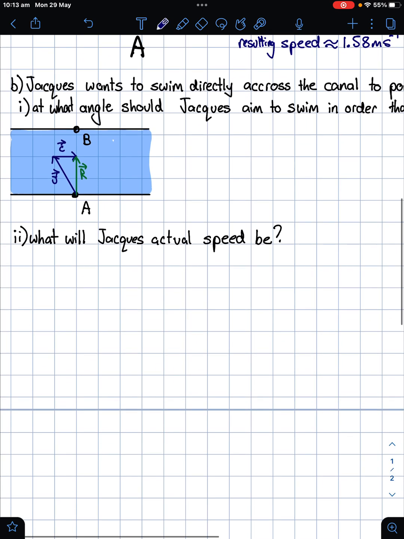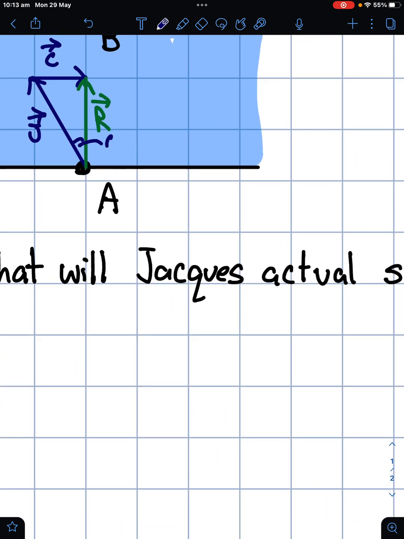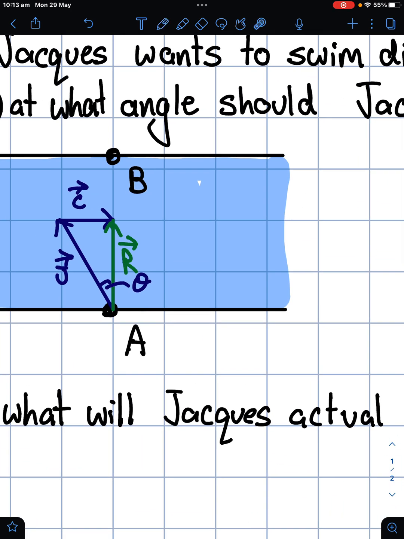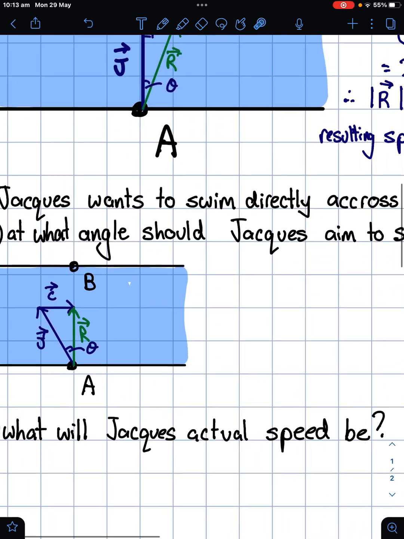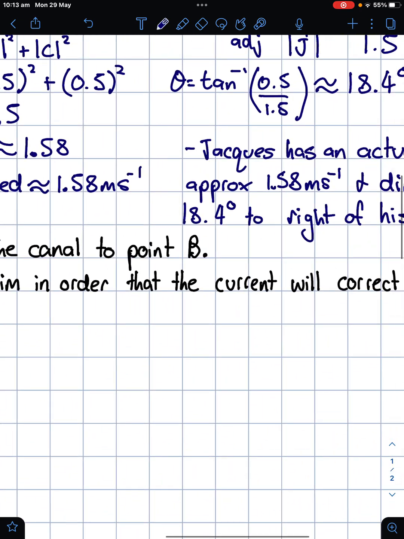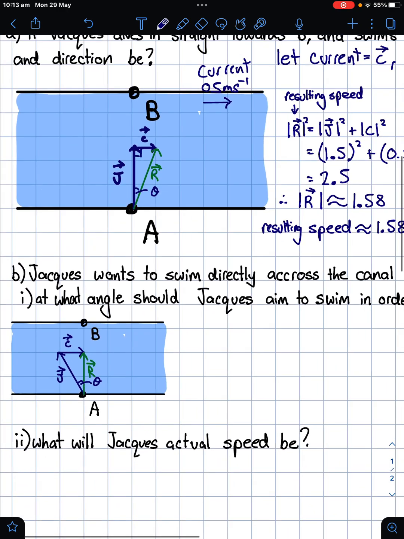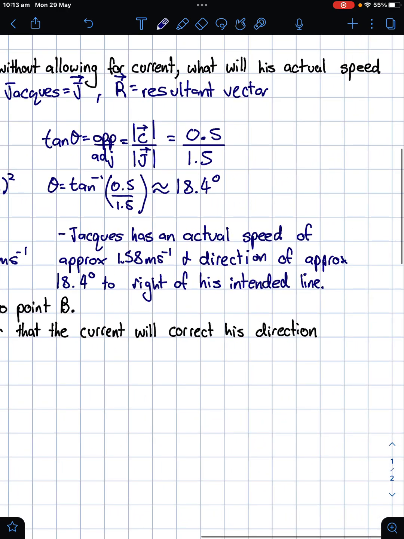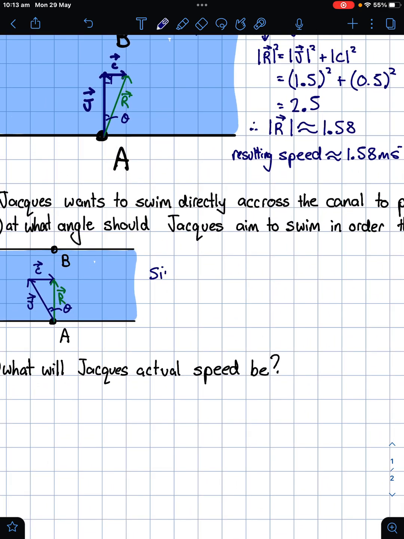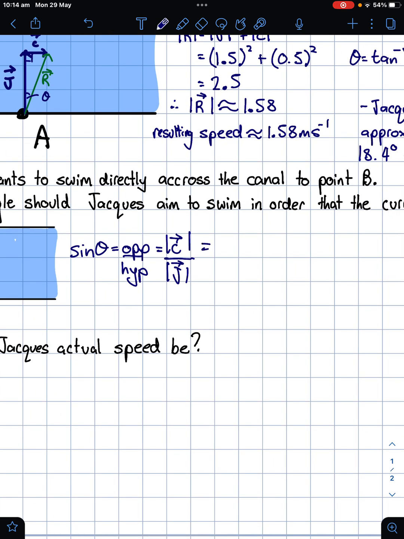So they've gone, well, now we've set up our triangle. We're going to find theta first. So theta is, we're looking at opposite over hypotenuse. So let's find our direction first. So that's what it says anyway. At what angle should Jacobs swim in order that the current corrects his direction? So we're looking at sine theta equals opposite over hypotenuse, which equals the current length over Jacobs' swimming length, I guess we'd say, which is going to equal 0.5 over 1.5.